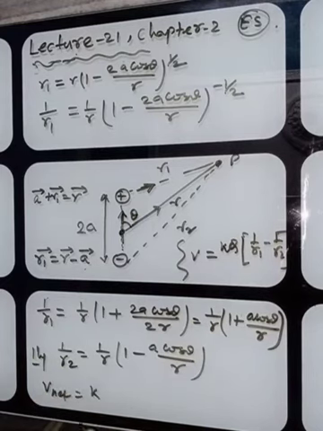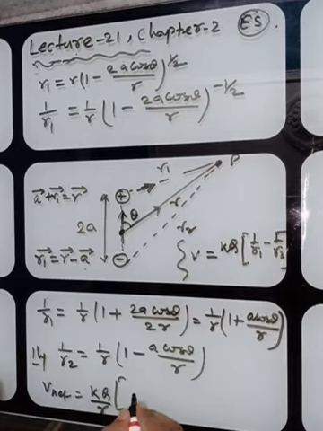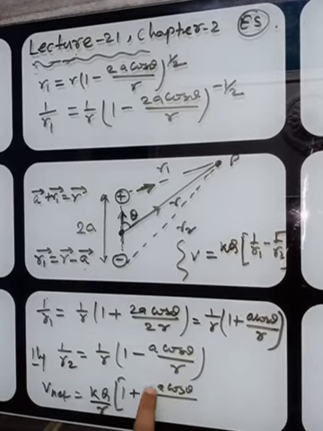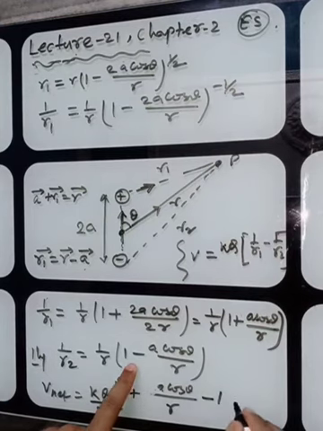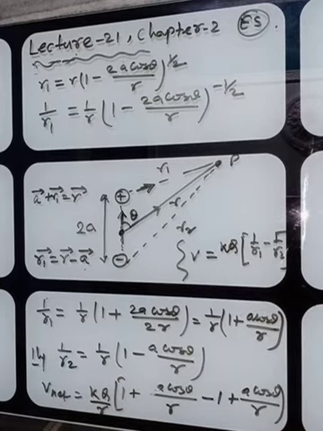Okay, my dear, kq, 1 by R is common in both 1 by R1 and 1 by R2, so I'm taking out 1 by R. Now inside, 1 by R1 is 1 plus A cos theta by R, and minus, so I'm giving you the minus, and this one 1 minus A cos theta by R. So this minus and plus will be cancelled out.